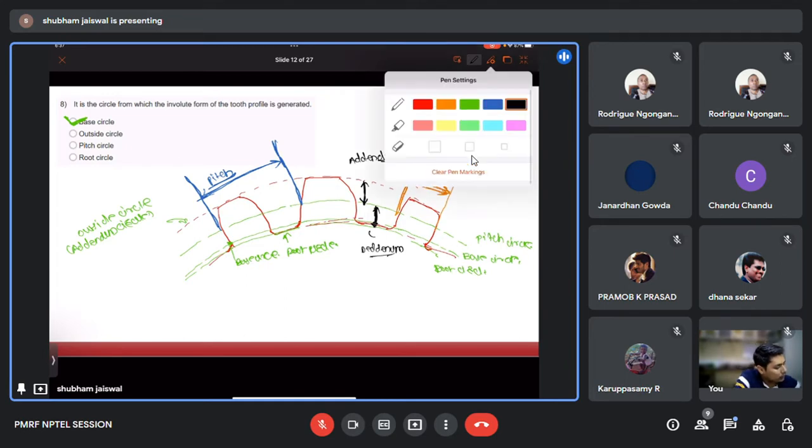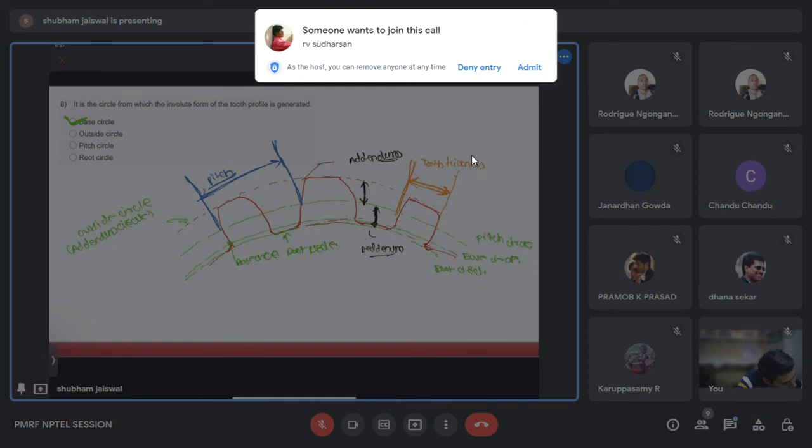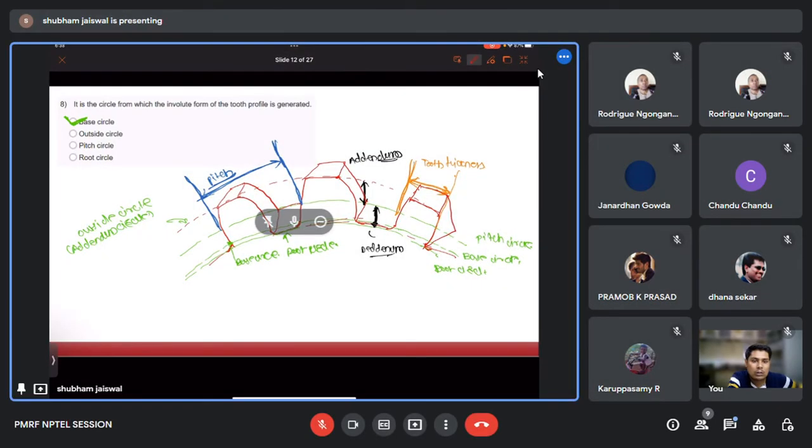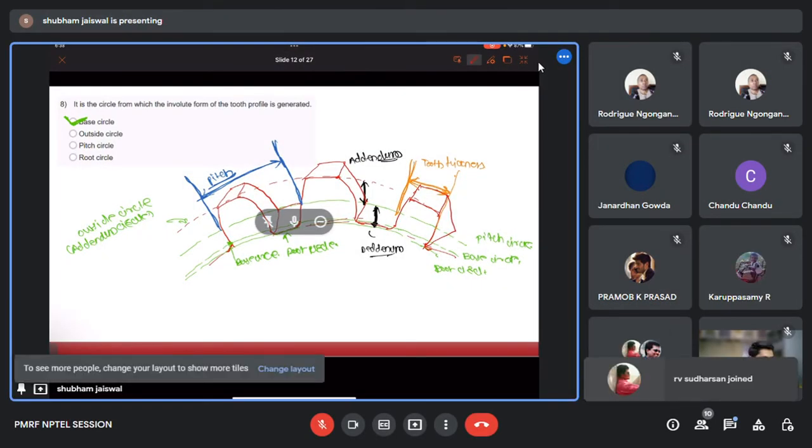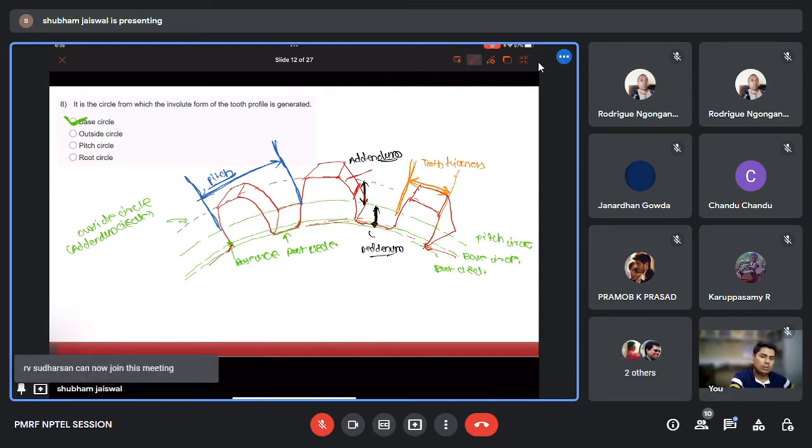So if I convert this image into 3D, like this one, the surface between the addendum circle and dedendum circle is known as face, and this one is flank.